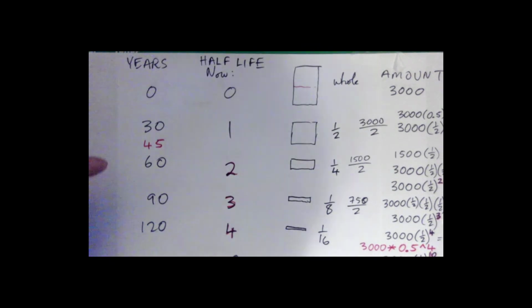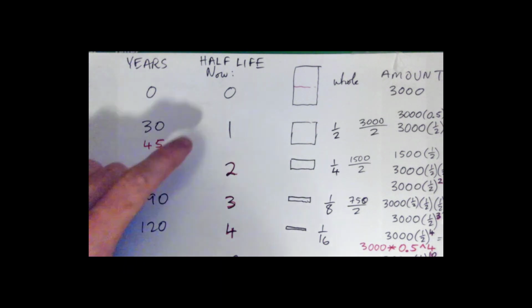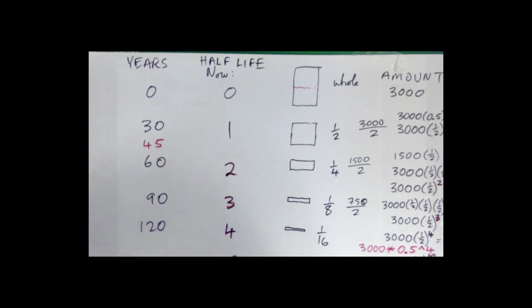Well, let me ask you this. If you think about it, 45, just take a guess off the top of your head what it is. What does it make sense to be? What do you think it is? Just take a guess.